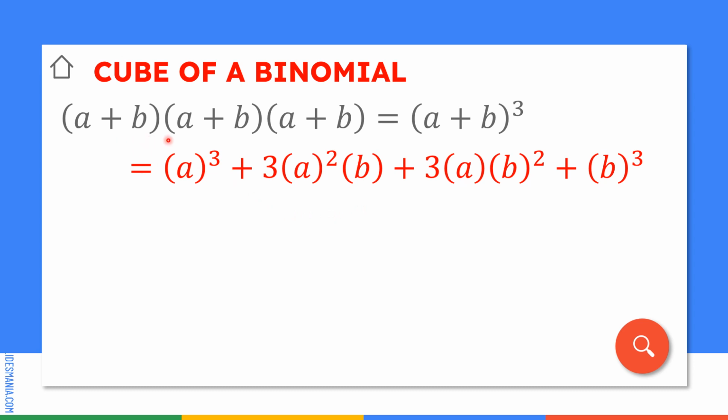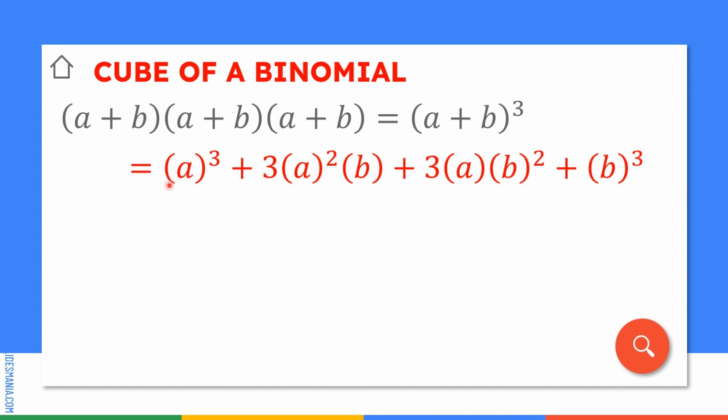If you are going to multiply a binomial by itself 3 times, we are going to follow the following general formula. Please take note of this. So a plus b quantity cube is equal to a cubed plus 3a squared b plus 3ab squared plus b cubed. As you can see, we have here a pattern.